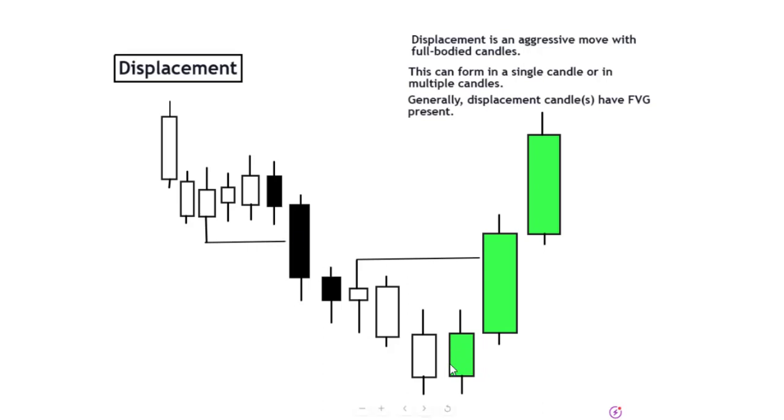Similarly here we have a displacement to the upside, breaking this high with a full-bodied candle, and we have the presence of a fair value gap from here to here. So that is exactly how a displacement looks and how you can easily identify a displacement. So let us go to the chart and see how we can identify a displacement on the chart.